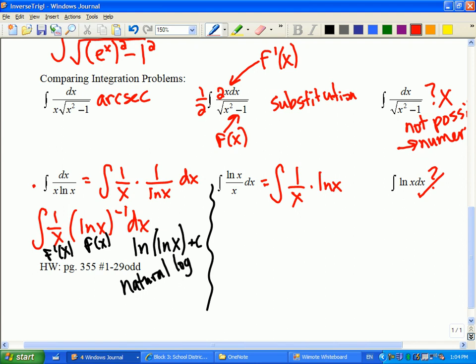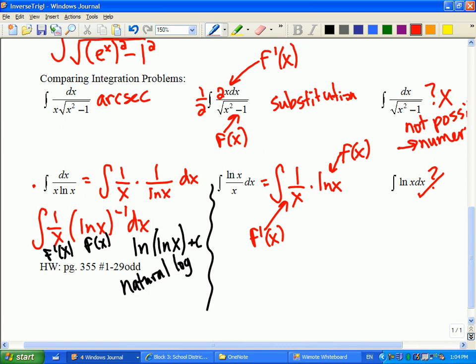I see a function and a derivative, but I don't see a function with exponent -1. So if this is my function, and this was my derivative, then this would not work out as natural log because the exponent is 1. It's not -1. So what technique could I use here?